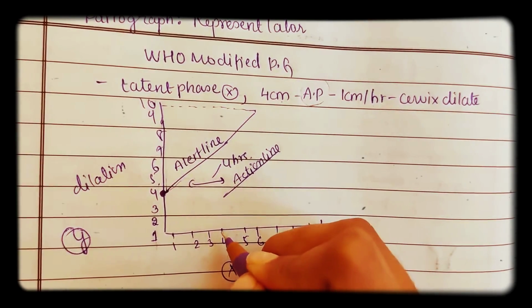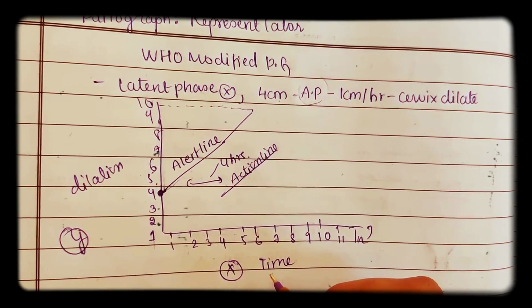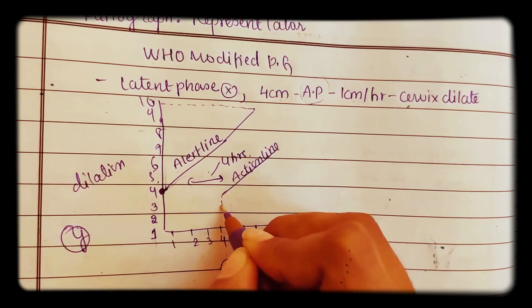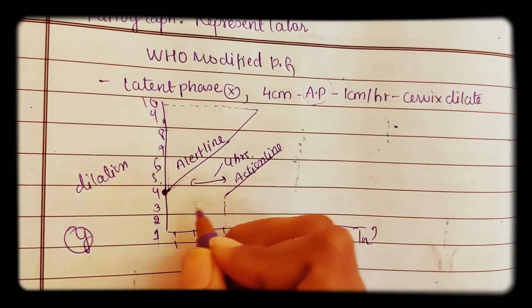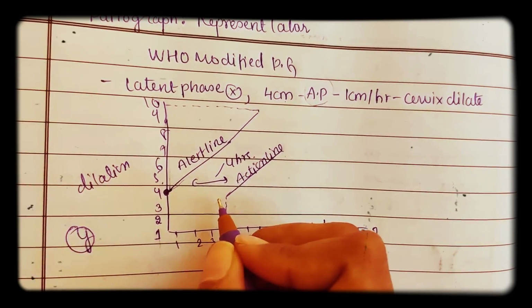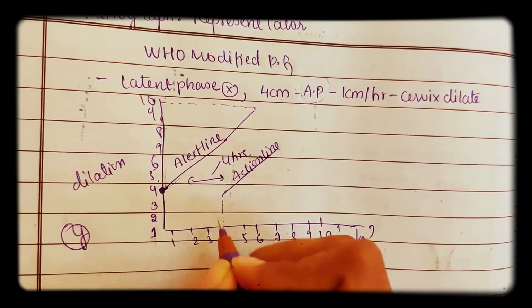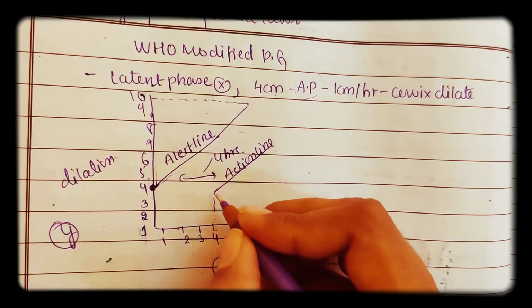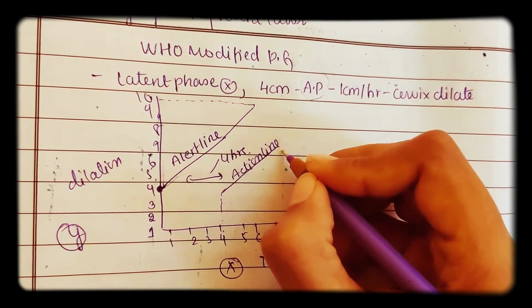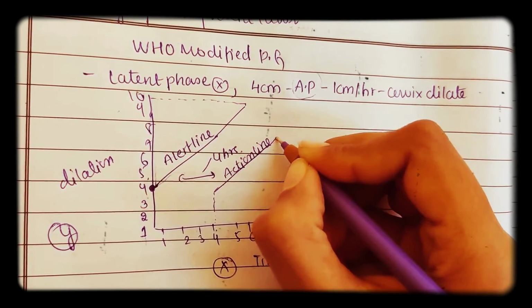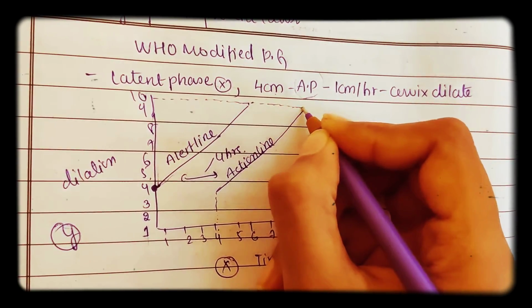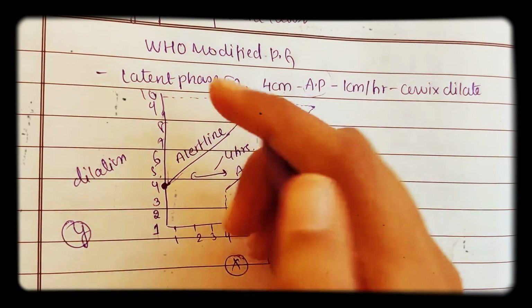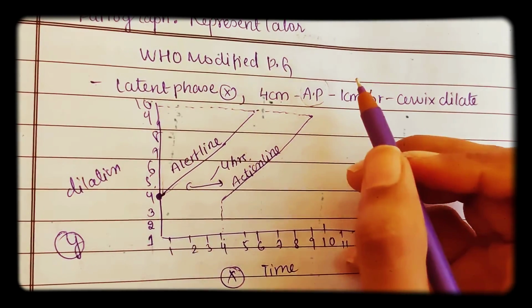Here from 4 hours you will start drawing the action line, because between the alert line and action line there should be 4 hours of difference. So 1, 2, 3, 4 hours of difference is present. From here we start the action line, and it extends up to 10 centimeters of dilation. Why till 10 centimeters? Because the cervix has a maximum dilation of 10.